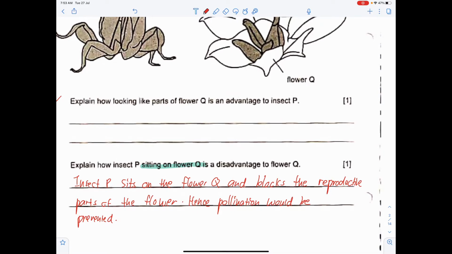You can also say that one of the annotations that you should make is disadvantage. So maybe for this, you should think for yourself, what is it that is non-beneficial to the plant in this case, which is not being able to pollinate, correct?